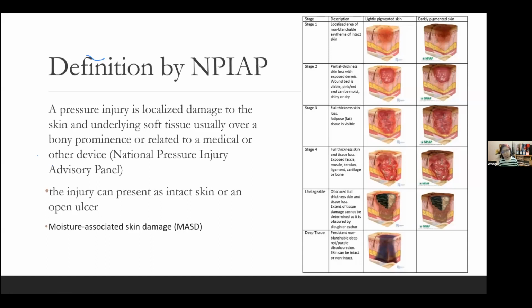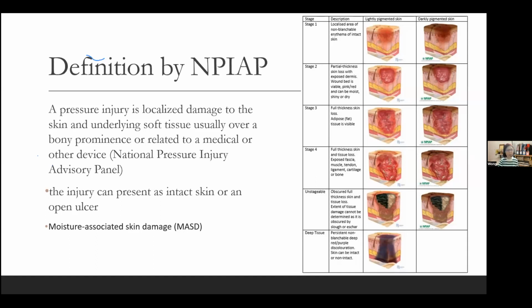The other last one is deep tissue injury. This is persistent, non-blanchable, deep red or purple, like bruises already, so it doesn't come back to normal color, but you don't know how deep the wound is. So this is another category of the injury.